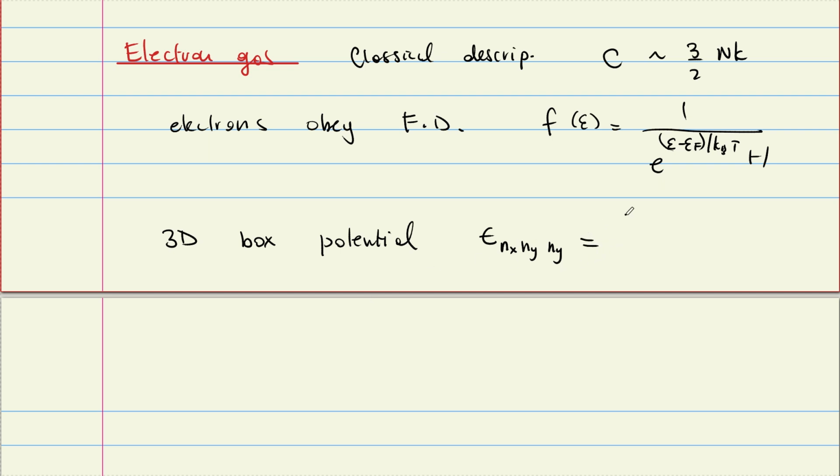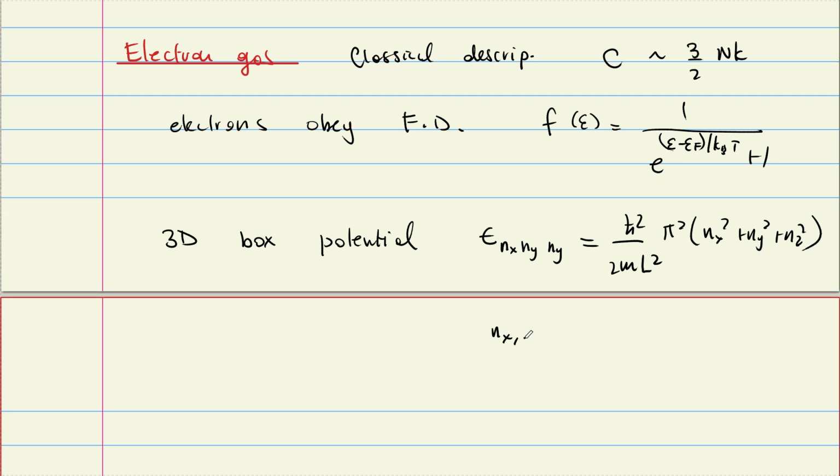I think we did this exercise, and the result was: if the size of the box is L, we are going to have pi squared over 2m, n_x squared plus n_y squared plus n_z squared, and n_x, n_y, and n_z go from 1, 2, 3, and so on. They are integers.